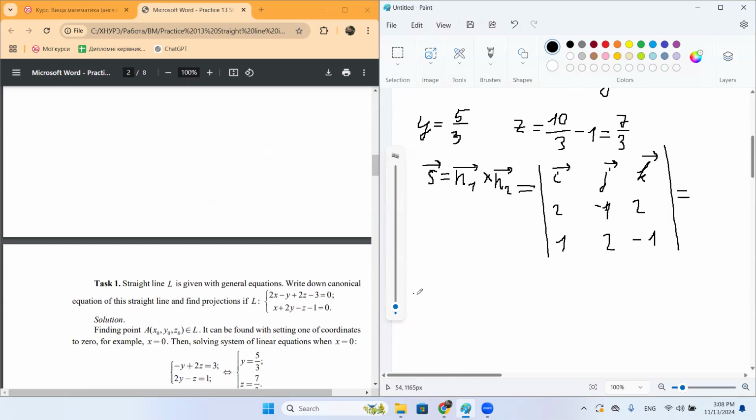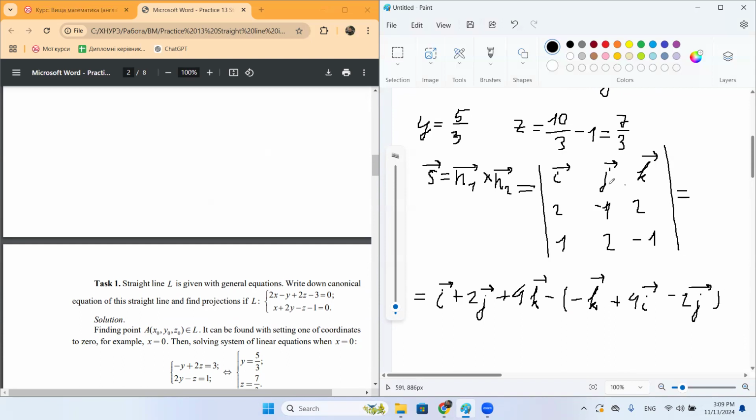And it equals i plus 2j plus 4k, minus k plus 4i minus 2j.